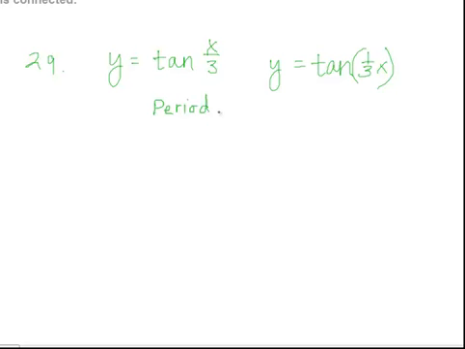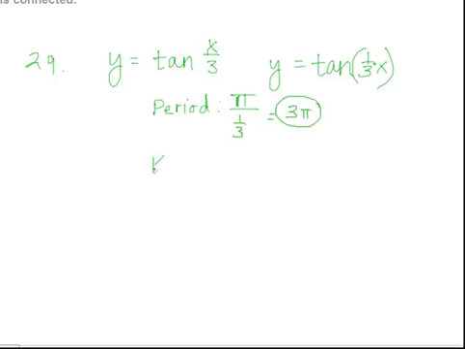I need to keep in mind that it would be my original period of this function divided by b, and I can see that I do have a multiplier directly onto the x, so my period will be changed. But don't forget, I'm using pi as the original period because that's what it is for the parent function of tangent. Pi is the original period divided by 1/3. So when I do calculate this out, my period is 3 pi.